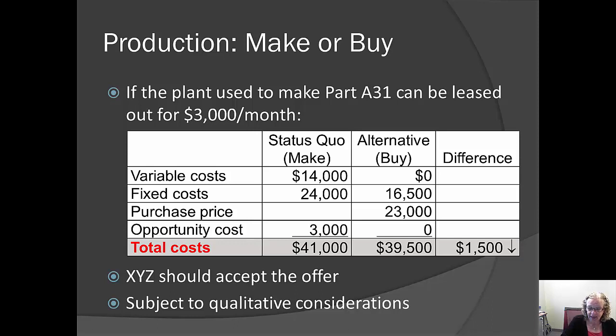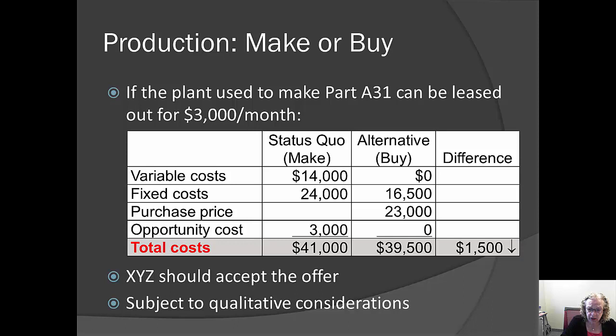In addition, anytime you turn over a function to somebody else, you turn their problems into your problems. If we outsource the manufacturing of this product and there's a labor strike at the supplier's business, we won't be able to get this part that we need.